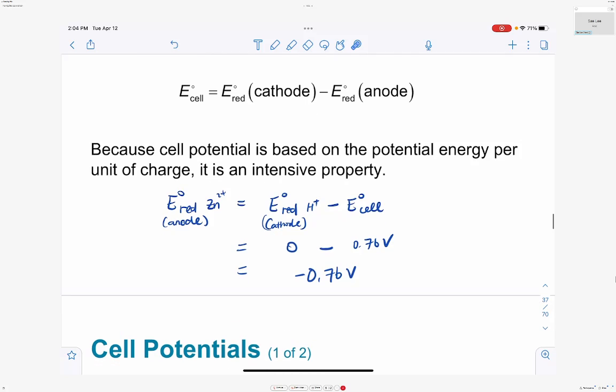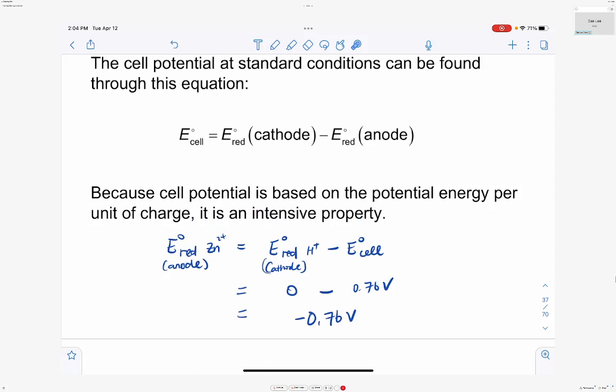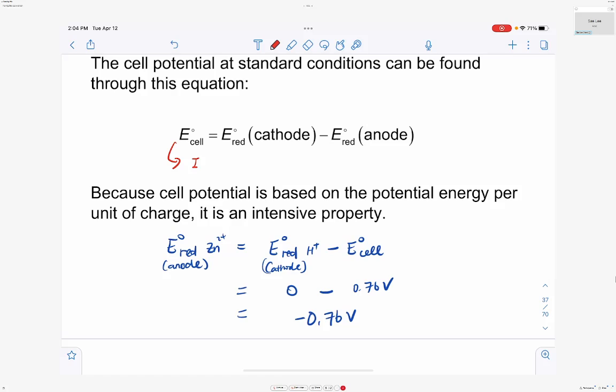Another thing to note is that cell potential is an intensive property. This is an electrical potential, which measures potential energy per electrical charge. Remember, the unit for this is joule per coulomb, energy per charge.